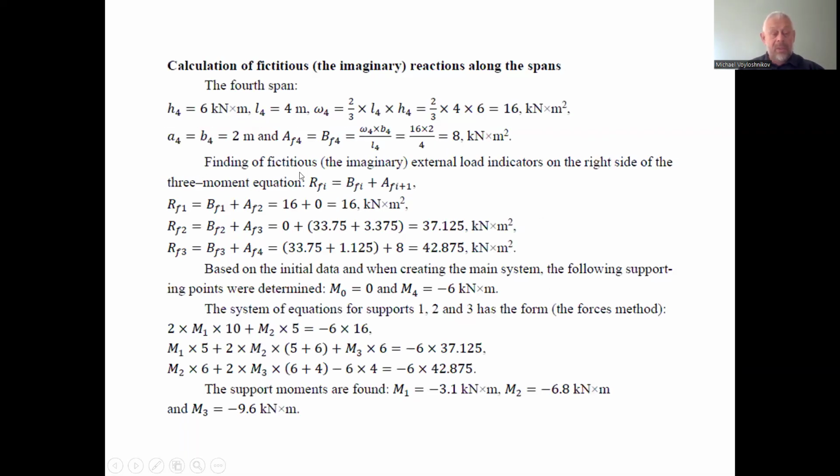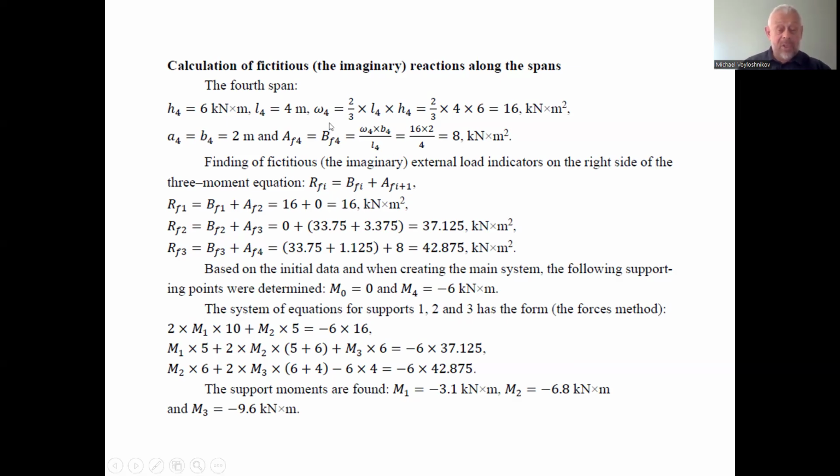Due to the fourth span being symmetric, A4 and B4, the distances from the left hinge and from the right hinge to the center of the area of the bending moment diagram, are equal to 2 meters, because the total length of the fourth span is 4 meters.